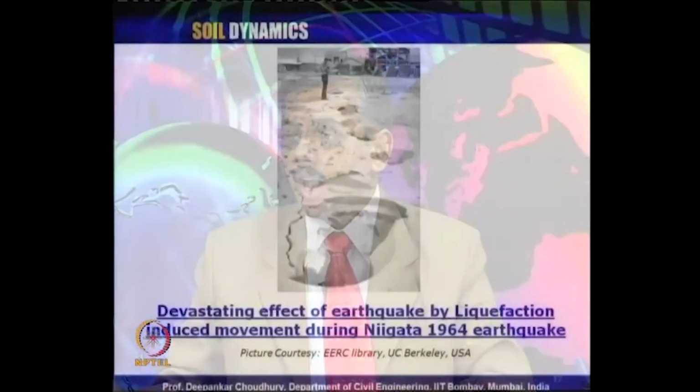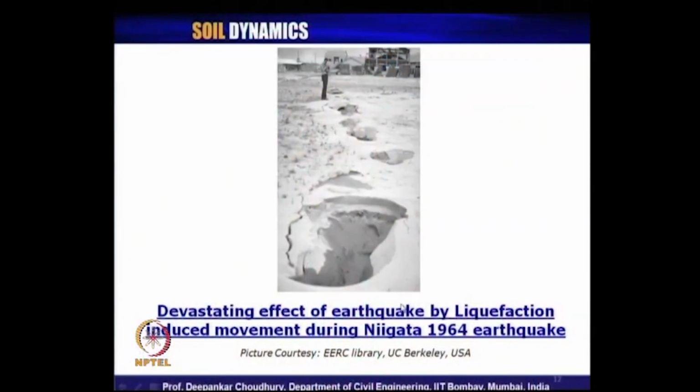Then another example, let us look at the slide here. The picture courtesy is from the EERC library of UC Berkeley. This shows the devastating effect of earthquake by liquefaction induced movement during the Niigata 1964 earthquake. We can see very big potholes have been formed on the soil.